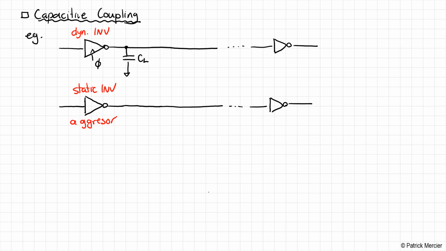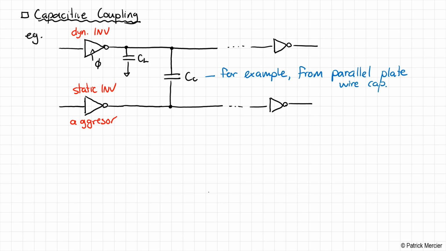So as a result, there is parasitic capacitance between the two wires. We'll call this CC. Okay, so for example, from parallel plate wire capacitance. Okay, the wires are routed close to each other.